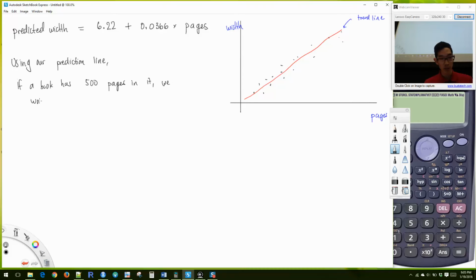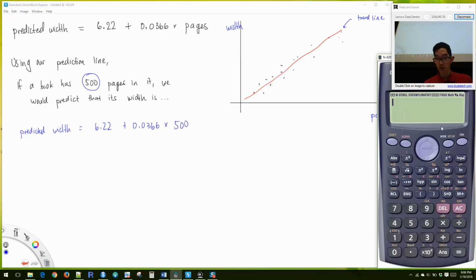We would predict that its width is, so I'm going to just plug this in. We're going to have predicted width is equal to 6.22 plus 0.0366 times, we're going to plug in this number 500 for pages.